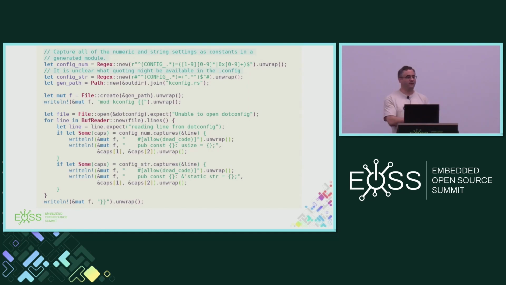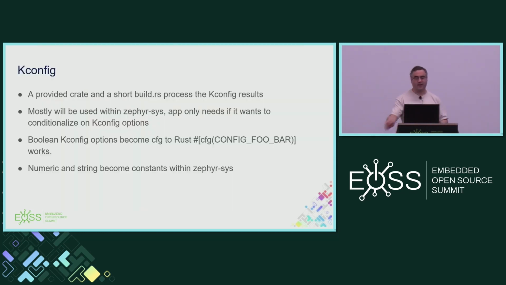There are two things it's looking for. It's looking for Boolean ones, and those become what are called cfg things in Rust. So in my Rust program, I can say #[cfg(CONFIG_FOOBAR)] and have a piece of code that's conditionally compiled in Rust based on a Kconfig setting that came from Zephyr.